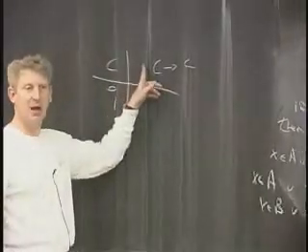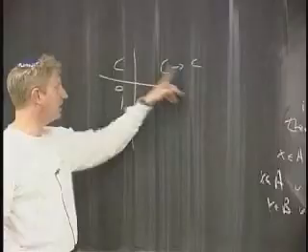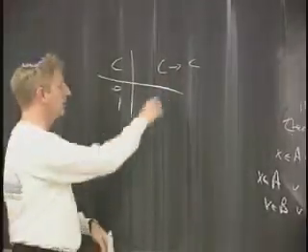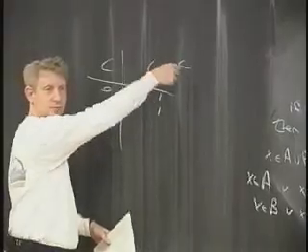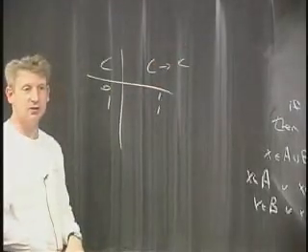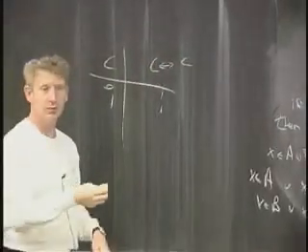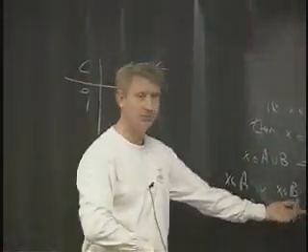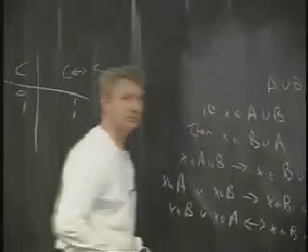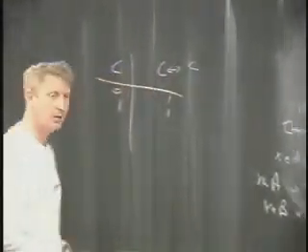If you take all the possible values for C, 0 and 1, and you check C implies C, 0 implies 0 is true, 1 implies 1 is true, so this is a true formula, C implies C. Actually, this is a true formula too. You wouldn't even have to go through and do it backwards. You're already here. Other questions?